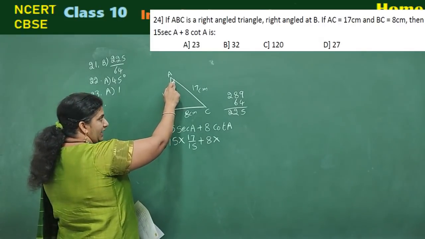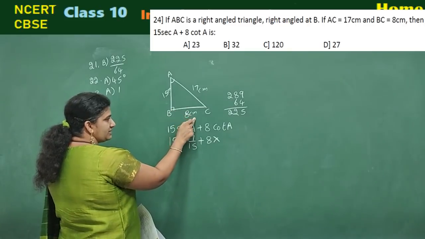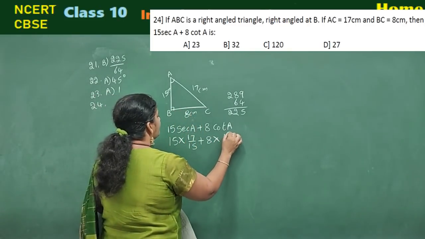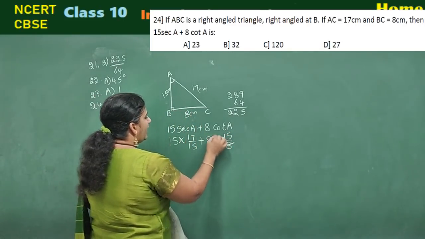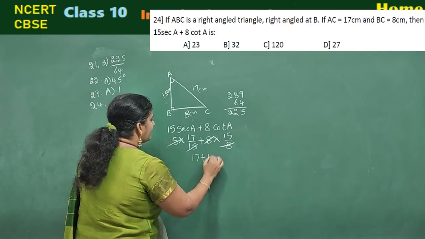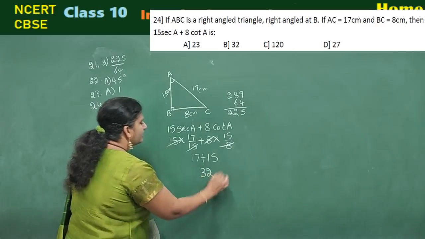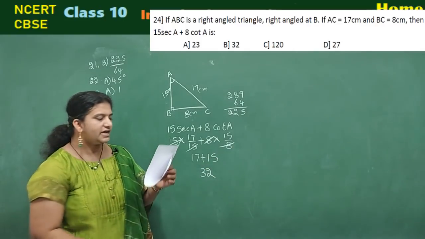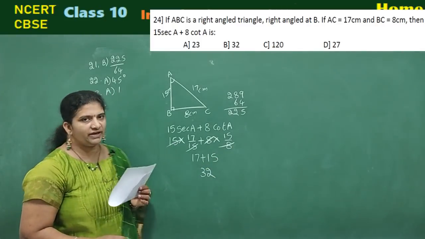For angle A, adjacent is this, opposite is this, that means 15 by 8. 8 8 cancel, 15 15 cancel, and you are left with 17 plus 15. 32 is your answer. Option B, 32.